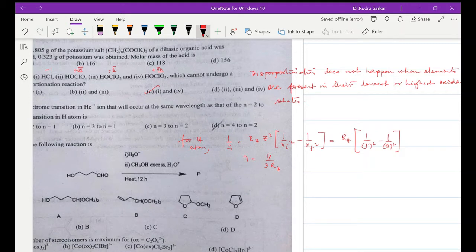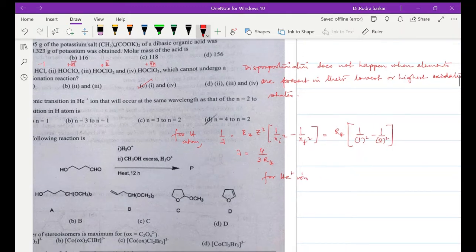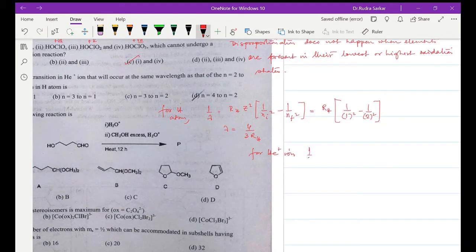Now for the He plus ion, we will say 1 by lambda equals RH Z of He plus squared times 1 by Ni squared minus 1 by Nf squared.